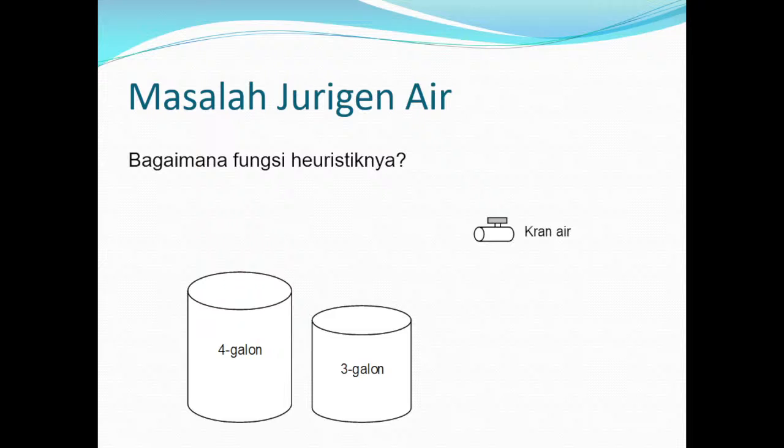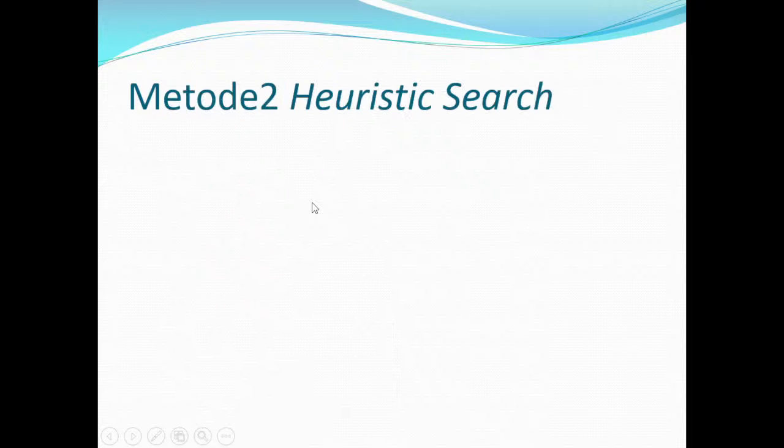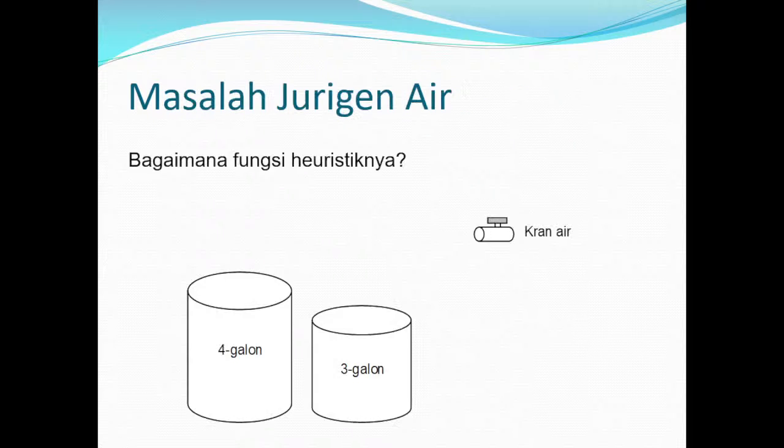We know that in the beginning we start with the heuristic. Well, for this one, to be honest, there is no heuristic function for it. Why is there no heuristic function?